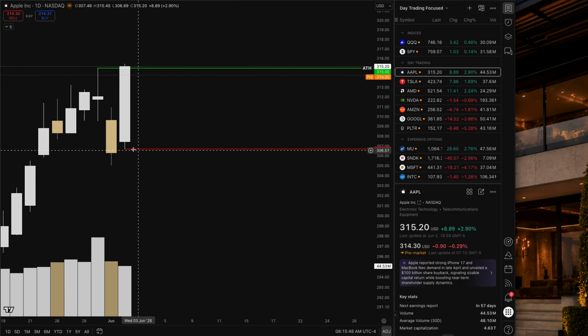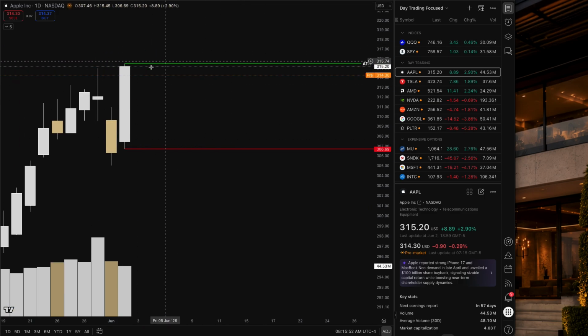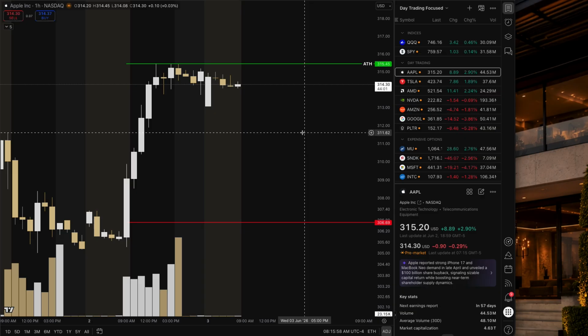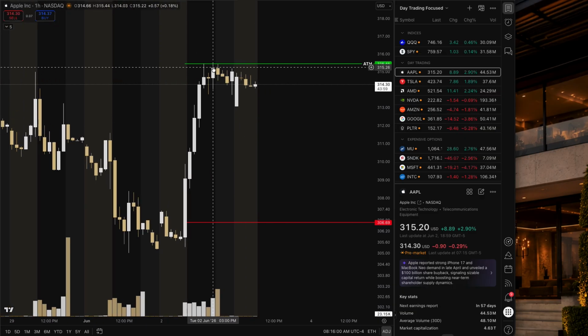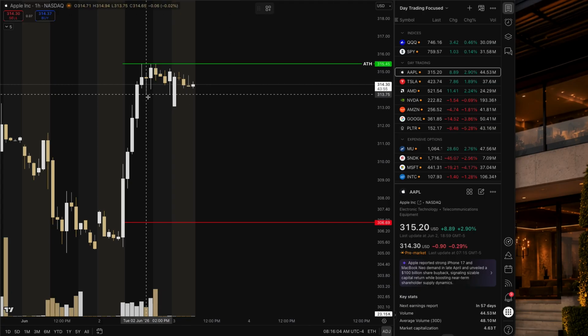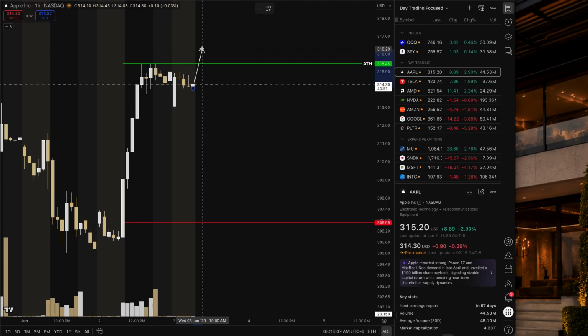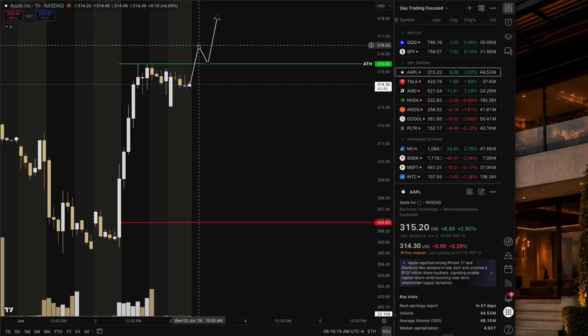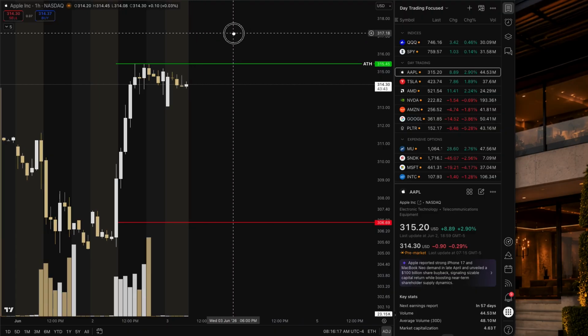This is the previous day low I have marked, and now this is the previous day high I'm going to mark. This is the all-time high here. On a 1 hour, we are just having a little pullback. So same thing, if I want to see the continuation on Apple, I want to see the price break above, retest, and then move forward towards the upside. This is what I'm looking for on Apple.